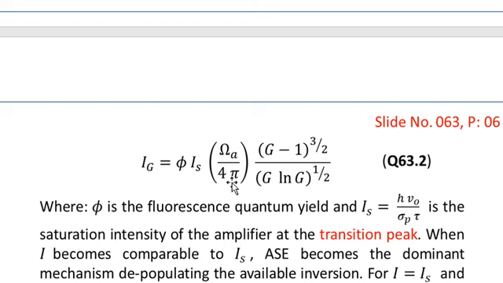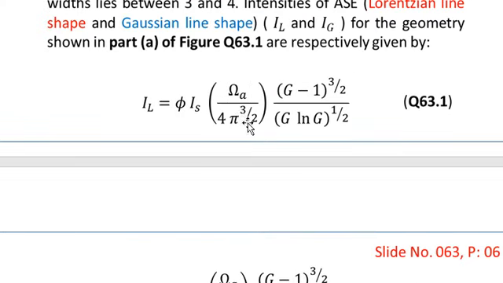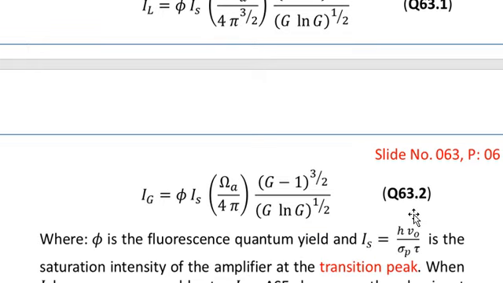The factor that differs is the power that is raised to 1 over here, but this is raised to 3 by 2 in case of equation number 1. So for equation number 2, we have for the Gaussian saturating intensity, IG equal to phi into IS into sigma A over 4 pi multiplied by G minus 1 raised to power 3 by 2, and then G into log of G, both raised to power half as in equation number 2.